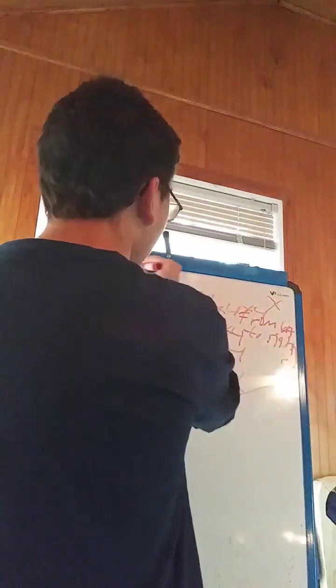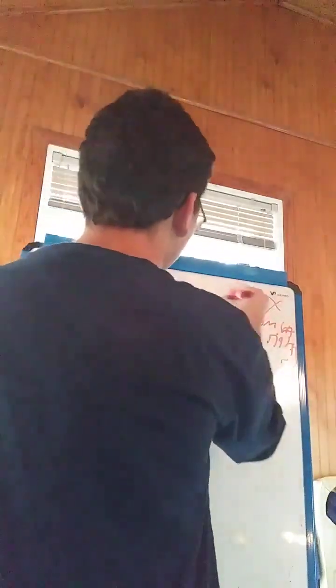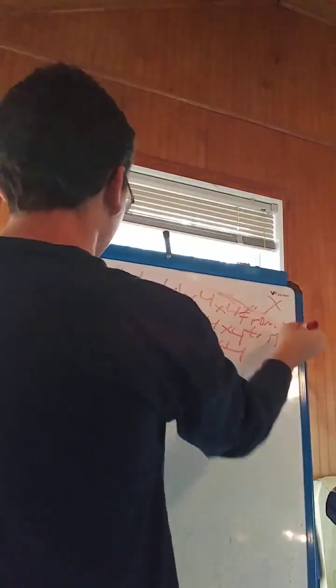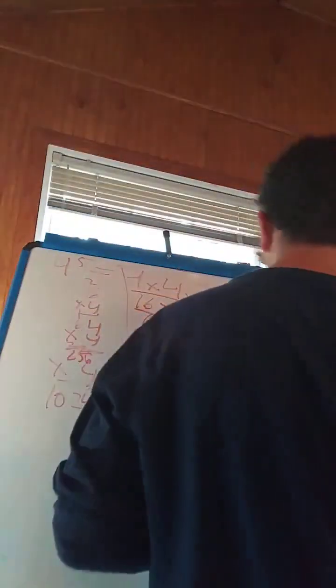And then we draw a backwards triangle around that answer, or the equation that we're using.